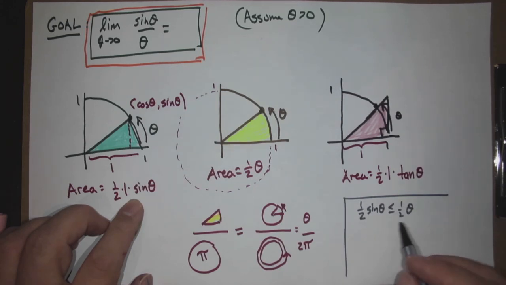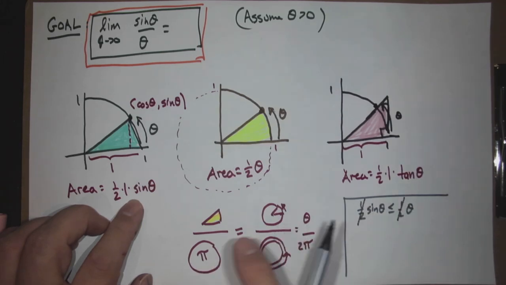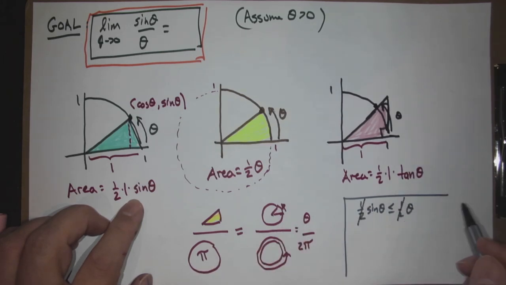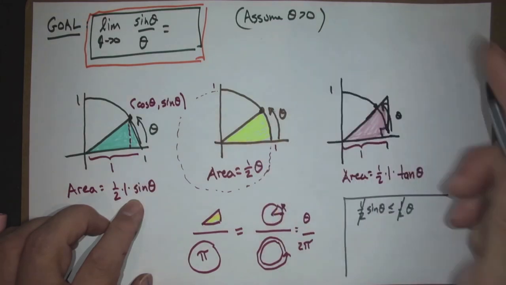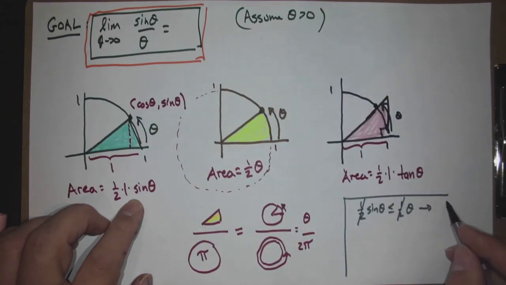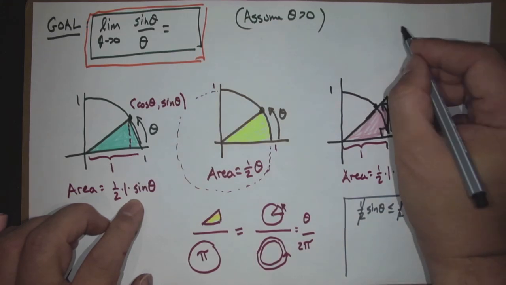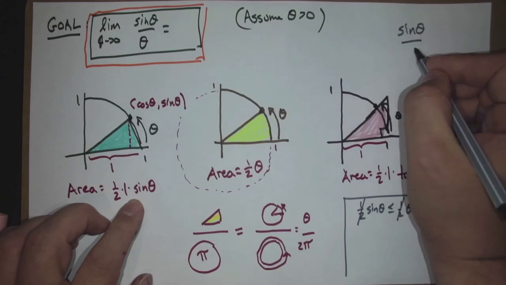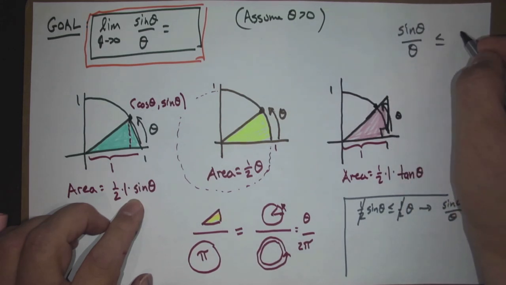Well, you can cancel the halves. And since we're not 0, we can divide by theta. Theta is positive. So that tells us that sine theta over theta is less than or equal to 1. Okay, so we'll make a note here. Sine theta over theta is less than or equal to 1.